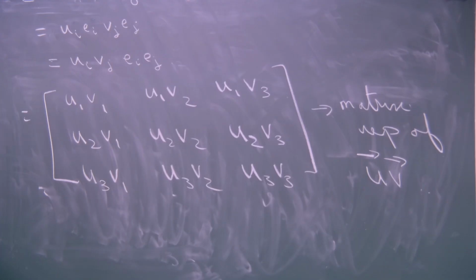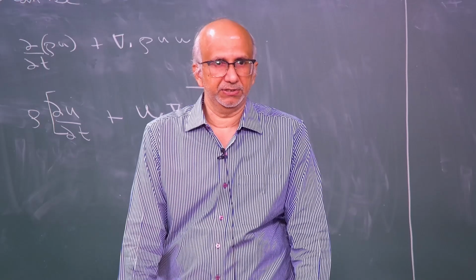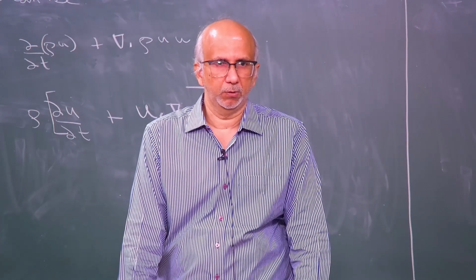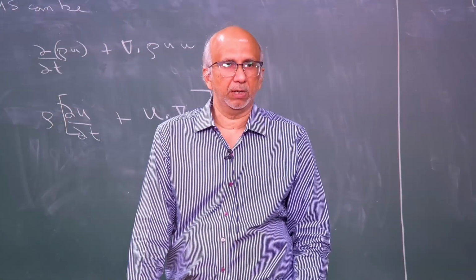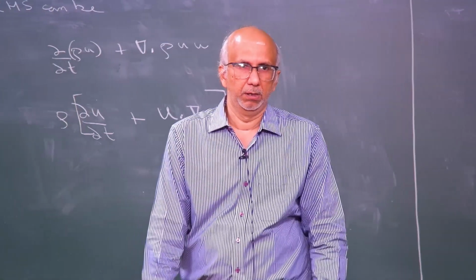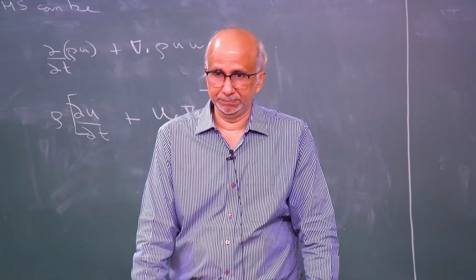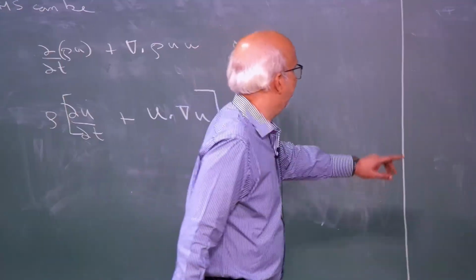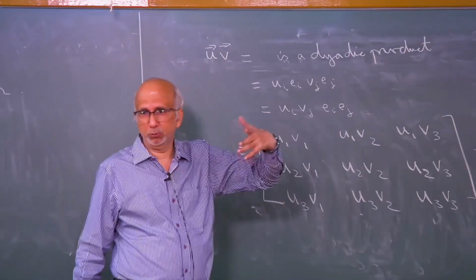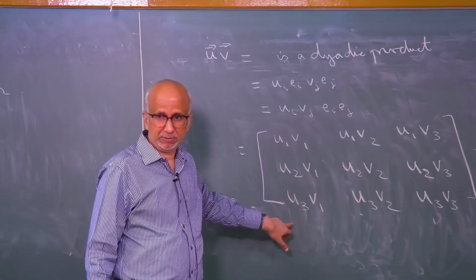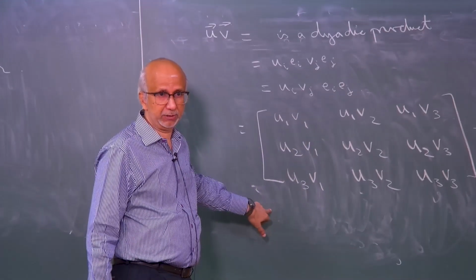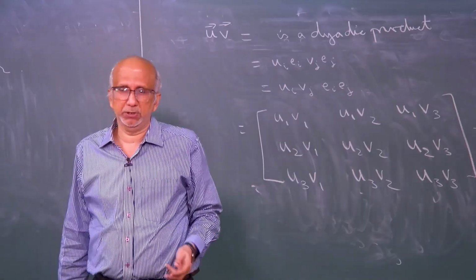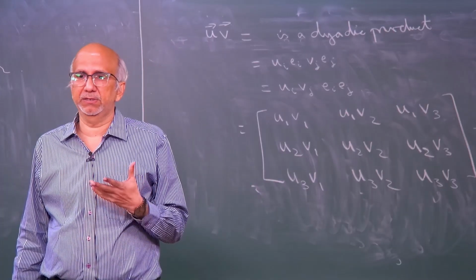What I want you to understand is that U and V are vectors, they have 3 components. When you talk about a dyadic product, it has 9 elements, and one way is to write it this way, and maybe it is easy for you to do dot products. Sometimes it is easy for you to use this matrix representation, because I might talk about something being symmetric.